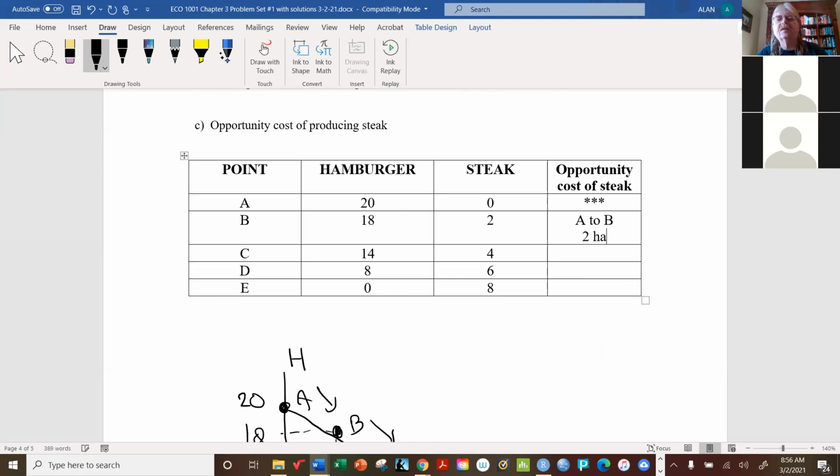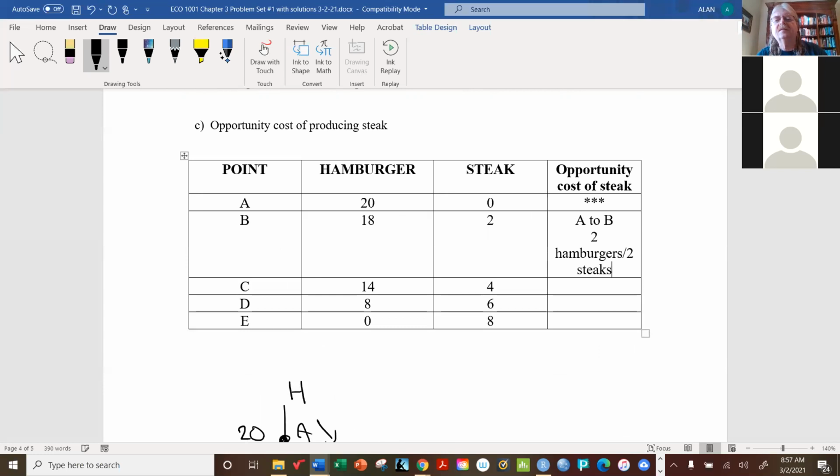That's 2 hamburgers we had to sacrifice to gain 2 more steaks. All right, so in other words, you see from A to B, we're reducing our hamburger output by 2, but we're also gaining 2 steaks. So that means the ratio is 1.